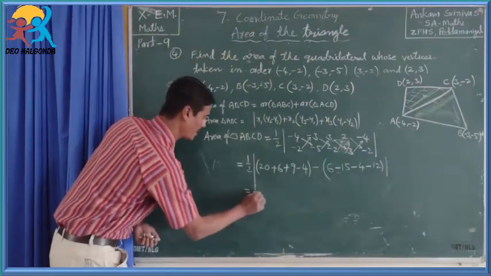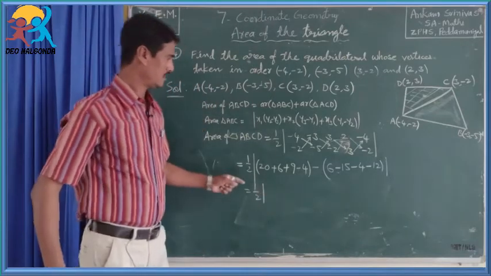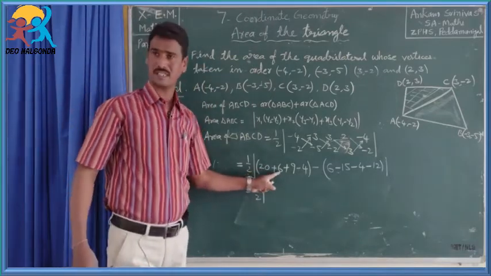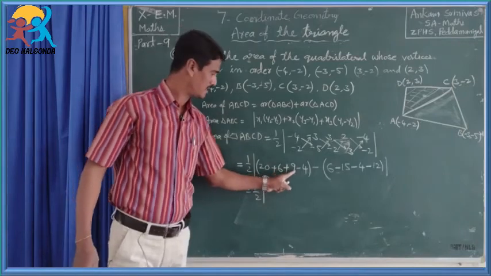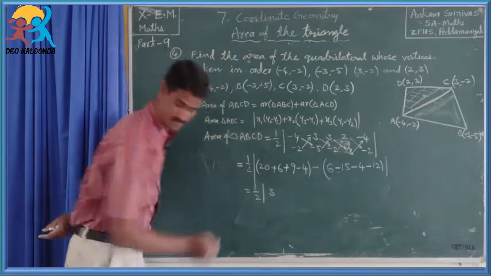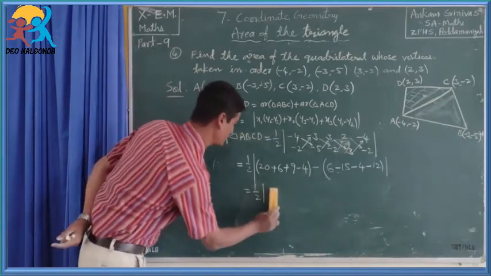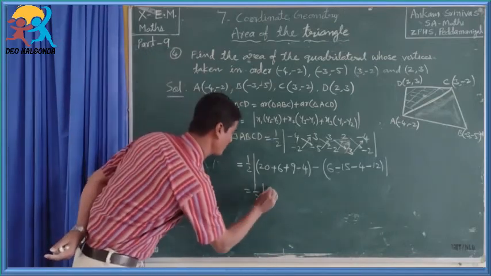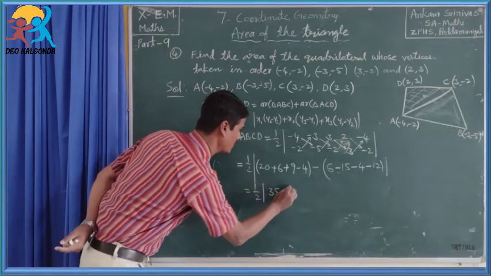Here 20 plus 6 is 26, 26 plus 9 is 35, 35 minus 4.